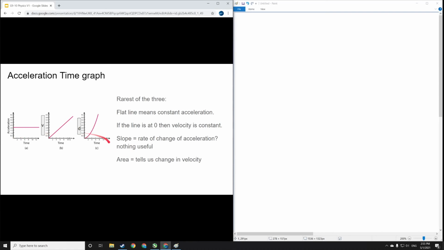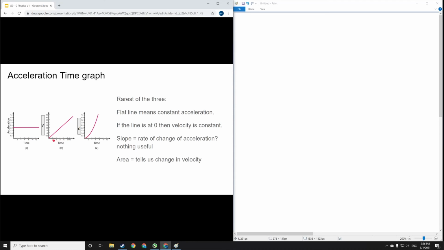But the area will tell us the change in velocity. So if our initial velocity was 0, then the change in velocity will be the actual velocity, but obviously that might vary. So you can calculate the area under the curve. Let's see, 2 times 10 over here is 20.